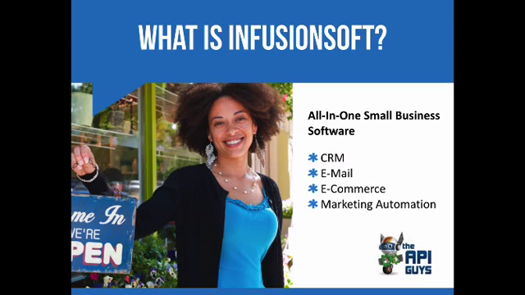They have an e-commerce platform built into the software. So if someone is using a third-party shopping cart or platform like WooCommerce on WordPress or what have you, that whole e-commerce piece can come into Infusionsoft as well.